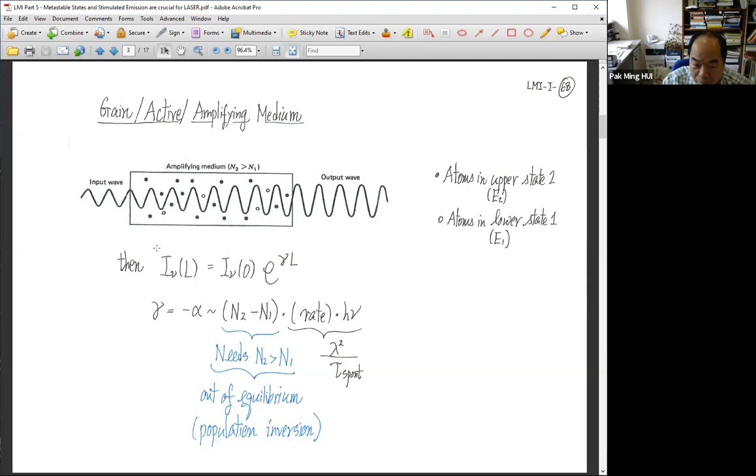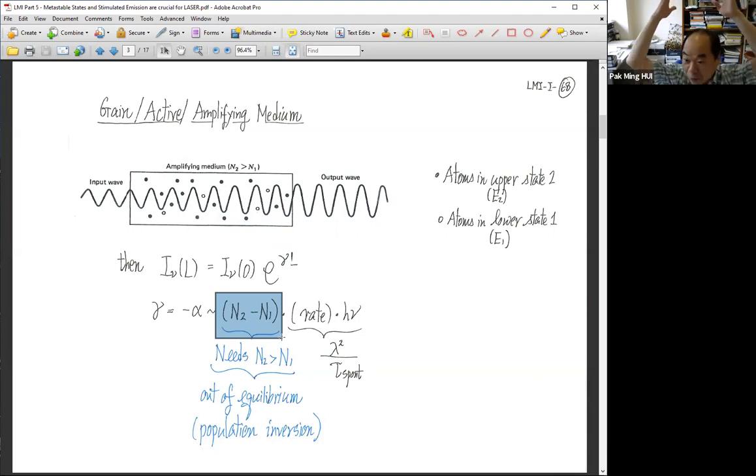So now, you can work out the mathematics all the same, only that this becomes a positive number and that is related to the previous discussion, only that you need N2 bigger than N1, okay? But as I already mentioned, you cannot achieve that by thermal equilibrium processes.